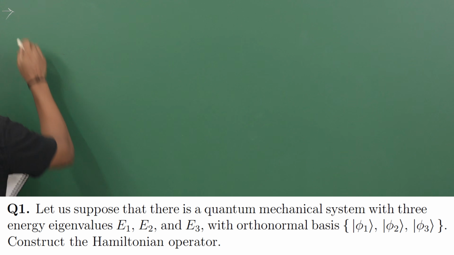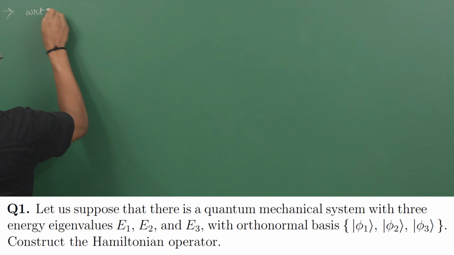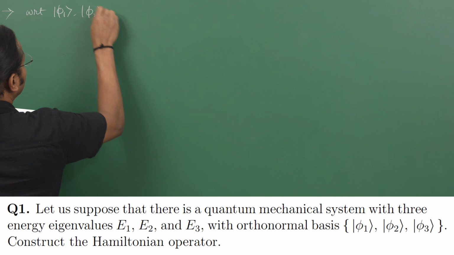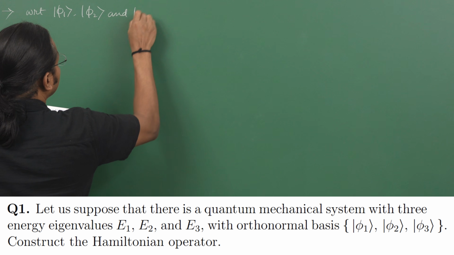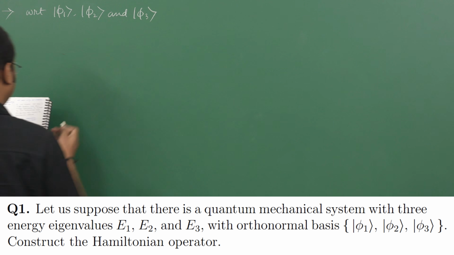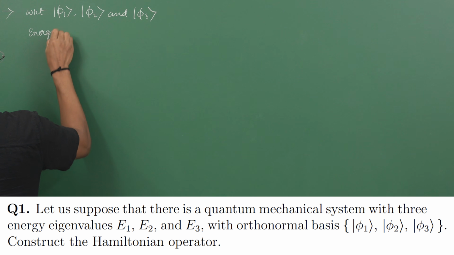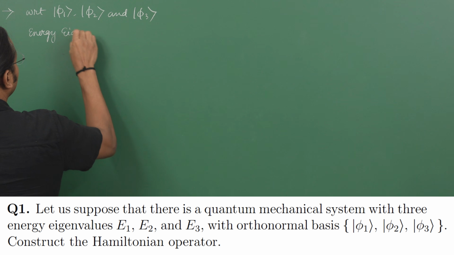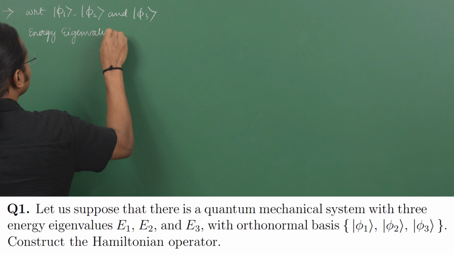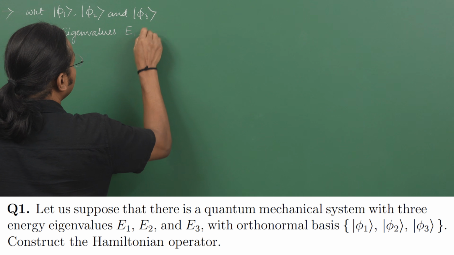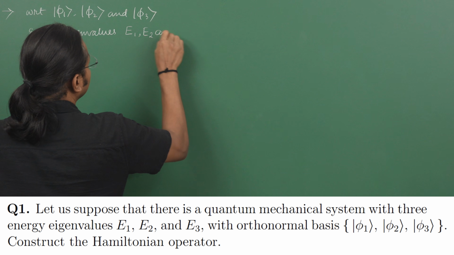So they are giving you that with respect to an orthonormal basis, phi1, phi2 and phi3, the energy eigenvalues are E1, E2 and E3.